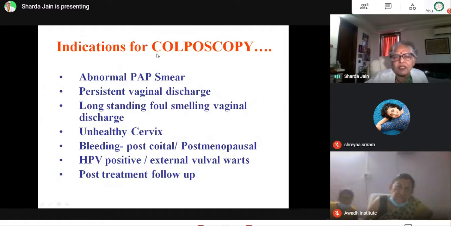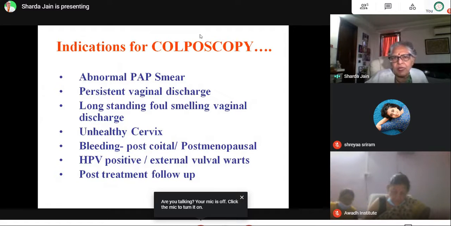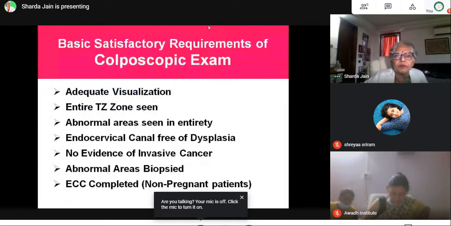But the basic reason is that the purpose of cervical colposcopy is to decide where to take the biopsy. In short, whatever the indication is, the purpose of colposcopy is to decide where to take the biopsy.